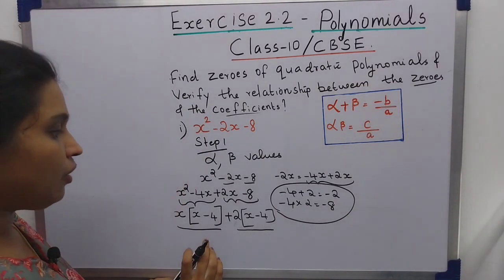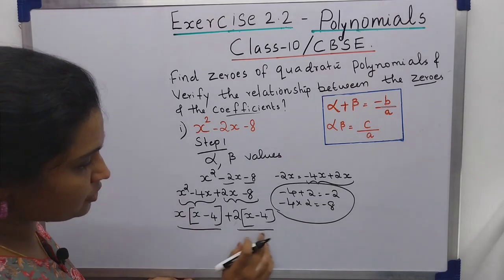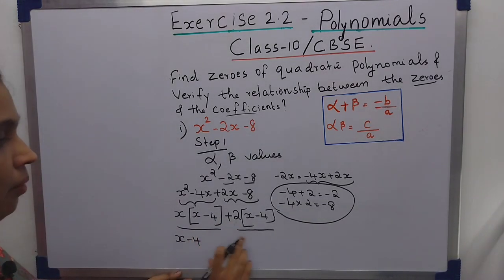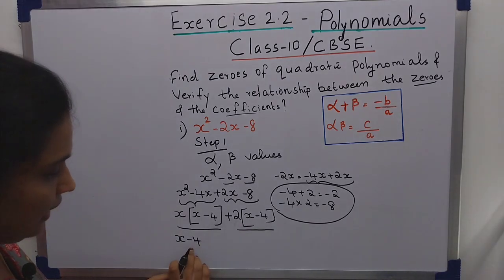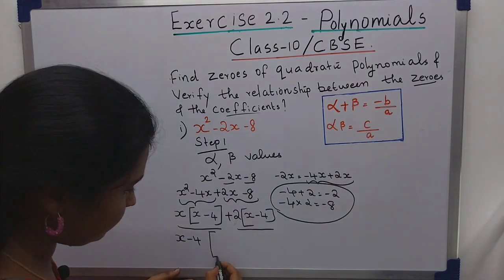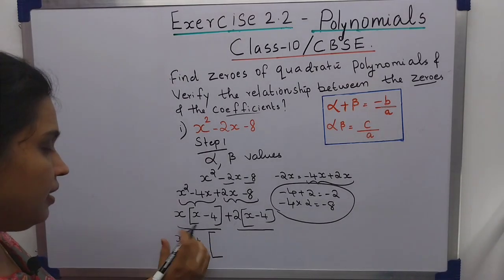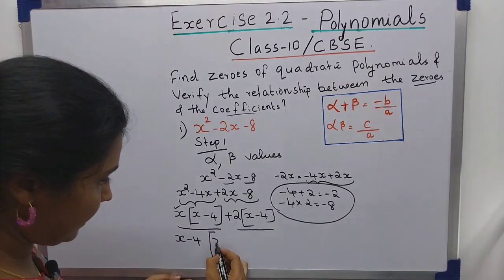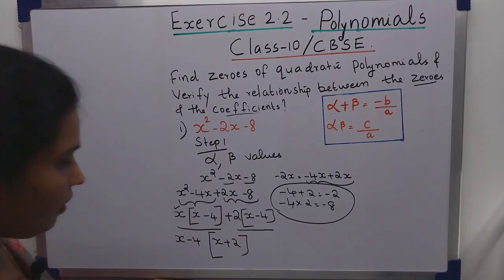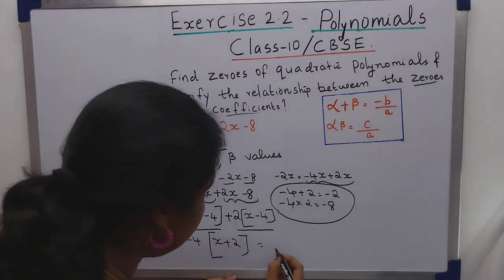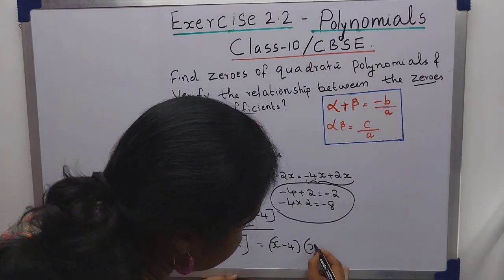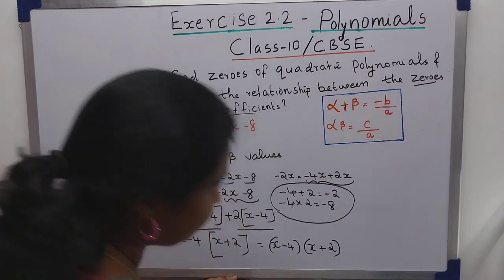So this is one term and this is another term. What is the common factor of these two terms? x minus 4 is the common factor of these two terms. So I take x minus 4 outside. Then what is the remaining term here? x plus 2. So it can be written like this: x minus 4 into x plus 2.